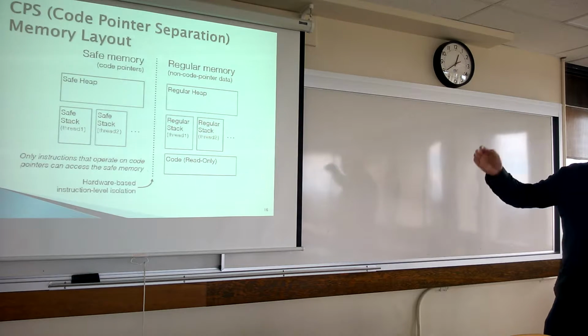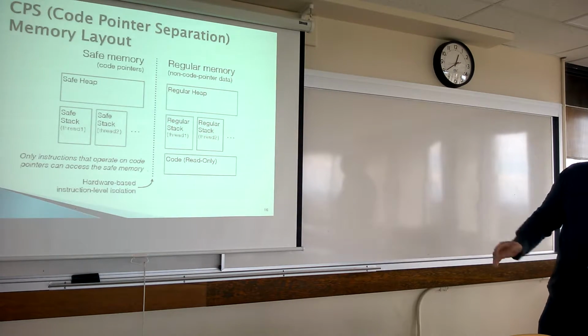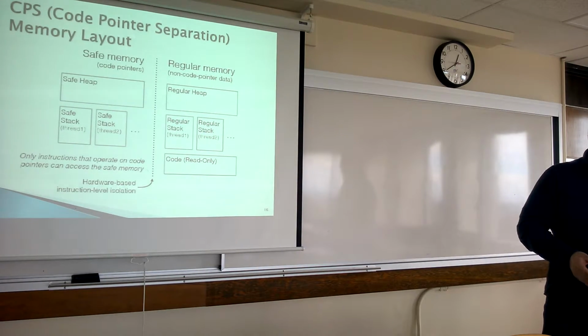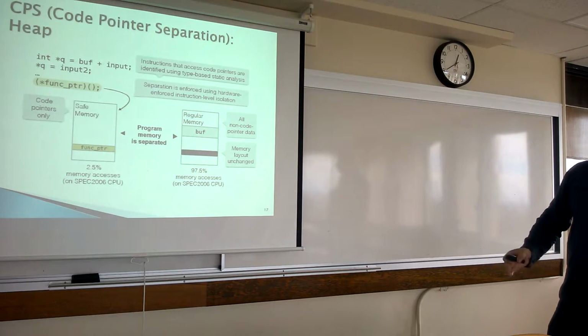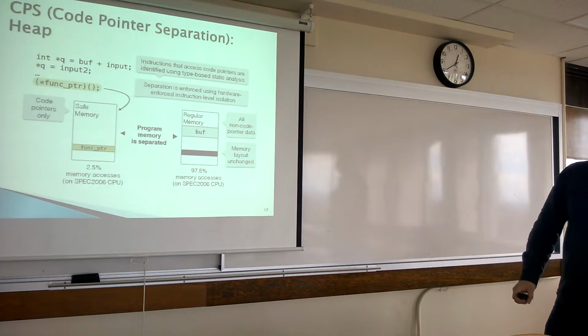So there's also a hardware-based instruction level isolation between the two memories, so they can't just, like you were basically saying before, look at the metadata or try and attack the safe memory, so it's hidden from them to some degree. So first we'll look at the heap for code pointer separation.